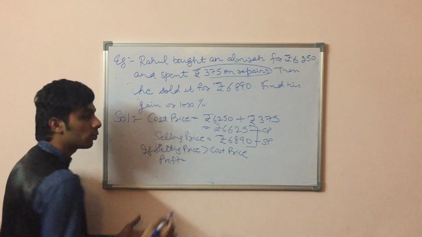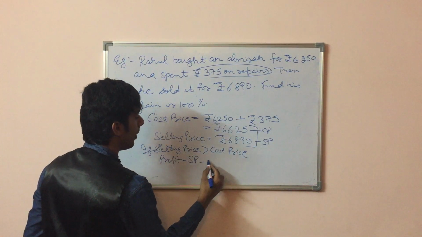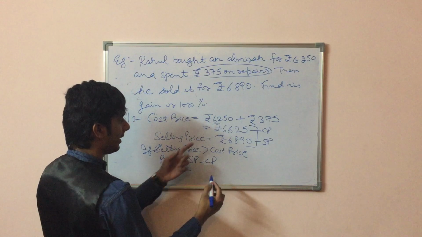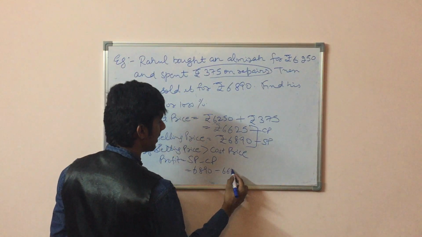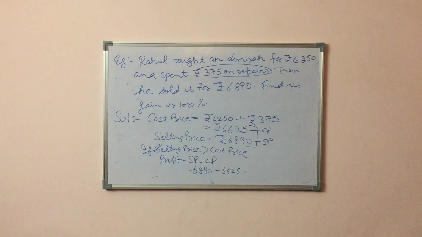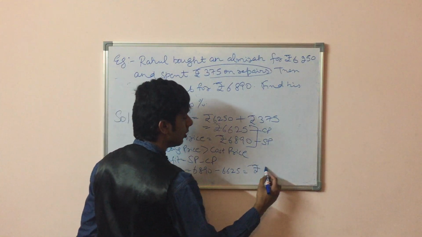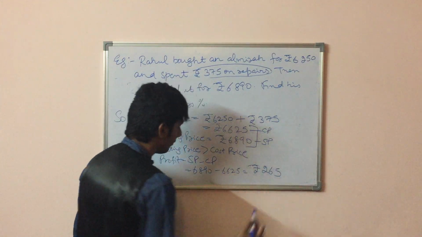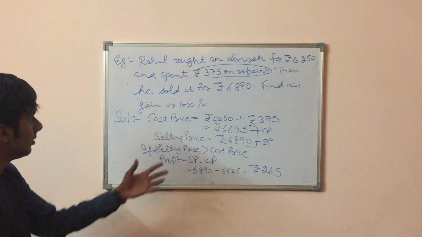How can you calculate the profit? By selling price minus cost price, which will be equal to 6890 minus 6625, right? Which will be rupees 265. I think it's almost around 265, right?